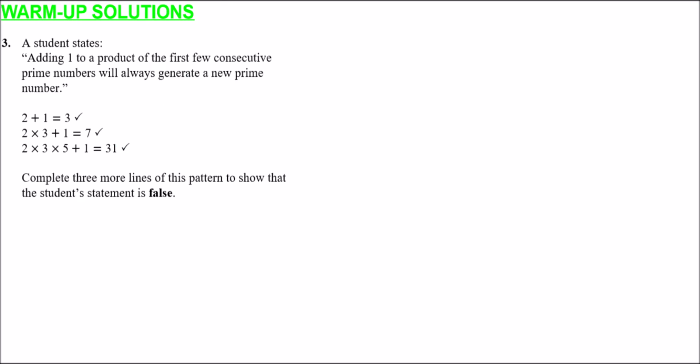So somewhere along the line this is going to fail. We need to find out where it fails. So we've got up to 2, 3, 5. So the next one would be 2 times 3 times 5 times 7, and plus 1 to that.